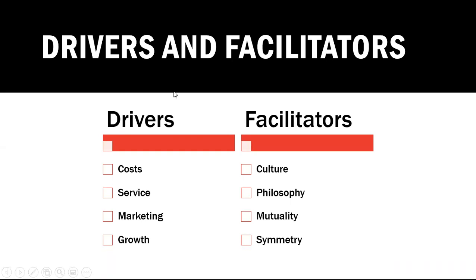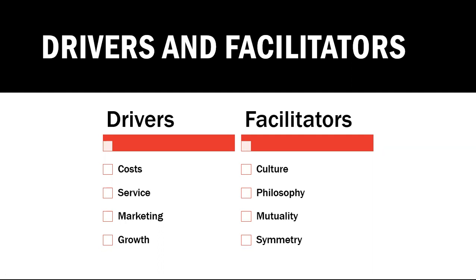And in the book, they also mention a little about it. On the other hand, the facilitators of partnership relationship include the factors that may improve or strengthen the relationship, like culture.